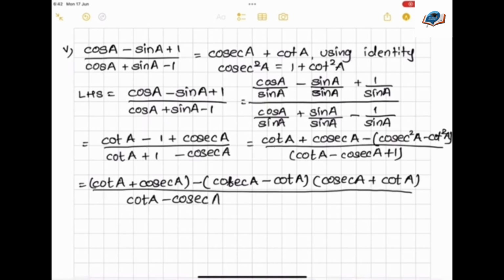So now in the numerator I am taking cot A plus cosec A common.